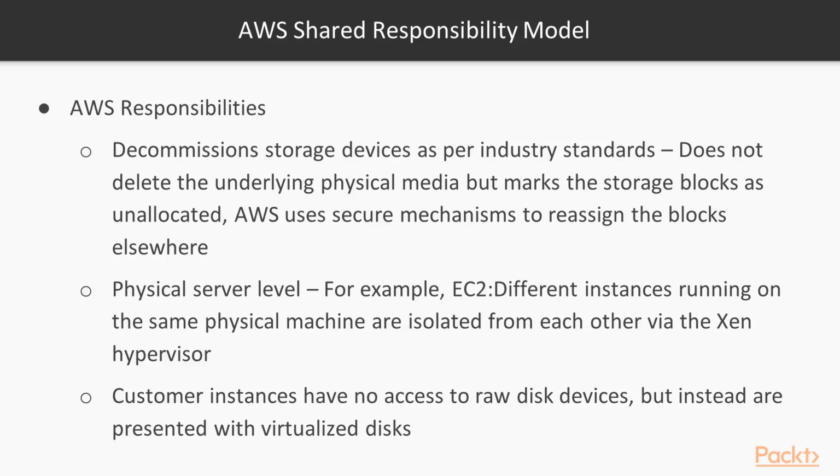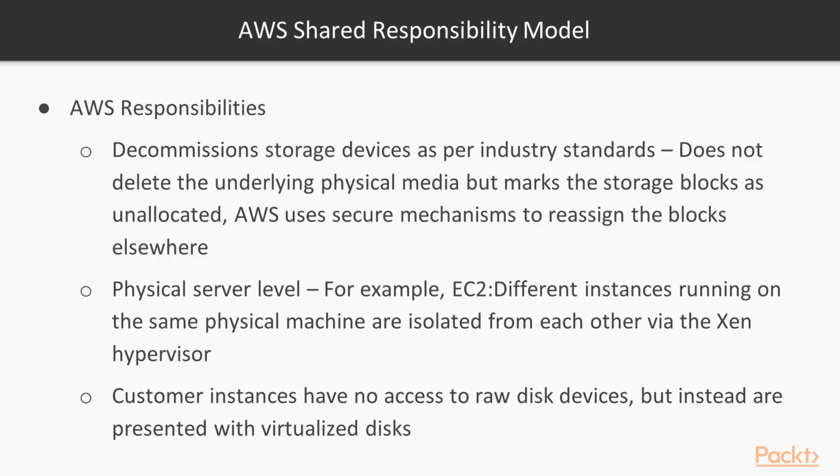We will be looking at the most important responsibilities that AWS have. First of all, they need to decommission storage devices as per industry standards. When AWS decommissions storage, for example, EC2 instances or EBS volumes, it will not delete the underlying physical media, but will mark the storage blocks as unallocated.